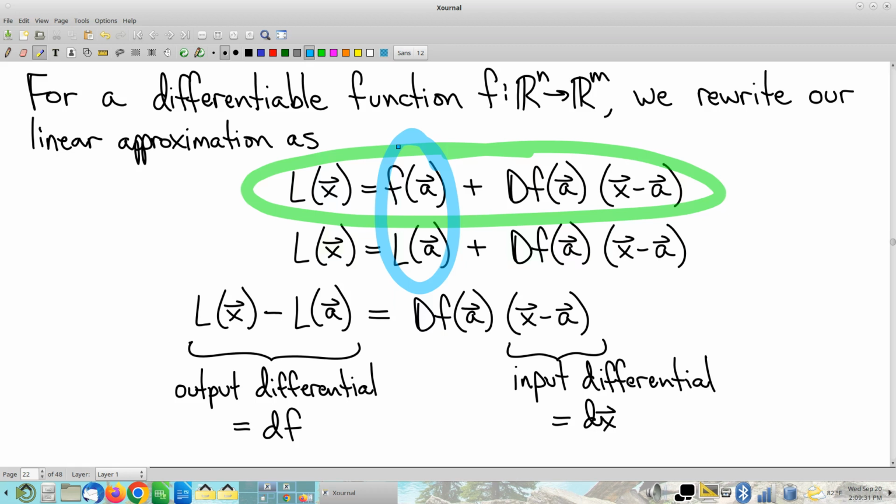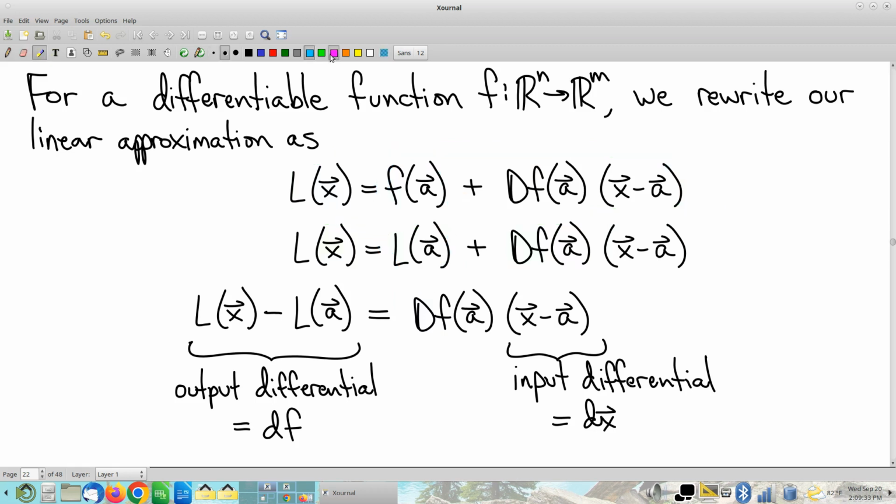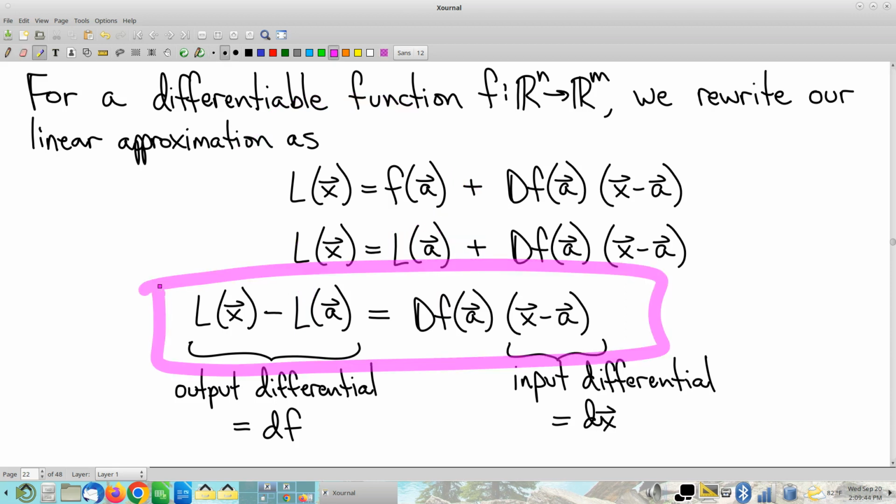And then I can take this and move it over to the other side of the equation, and lo and behold, I've got what's going to turn out to be a really important equation right here, if you look at it the right way.